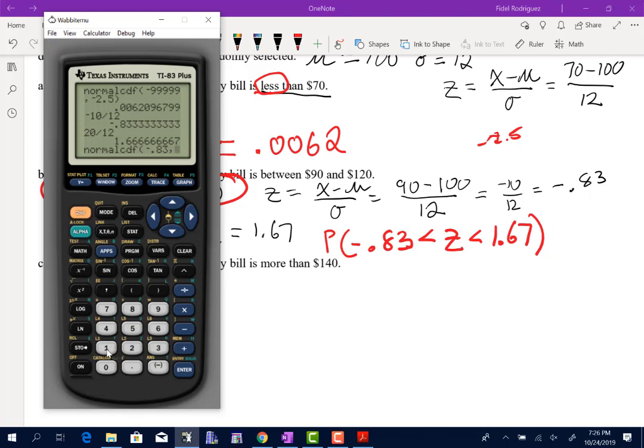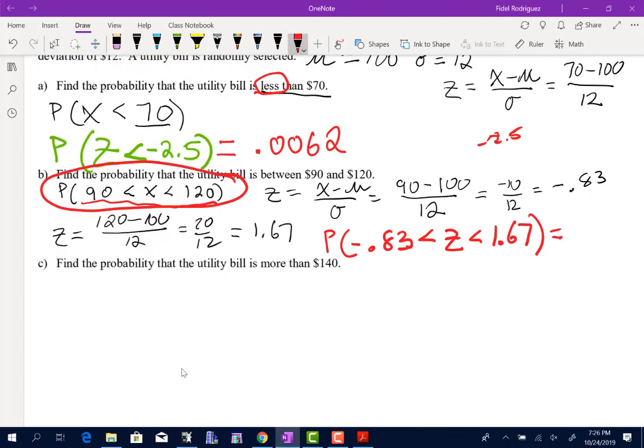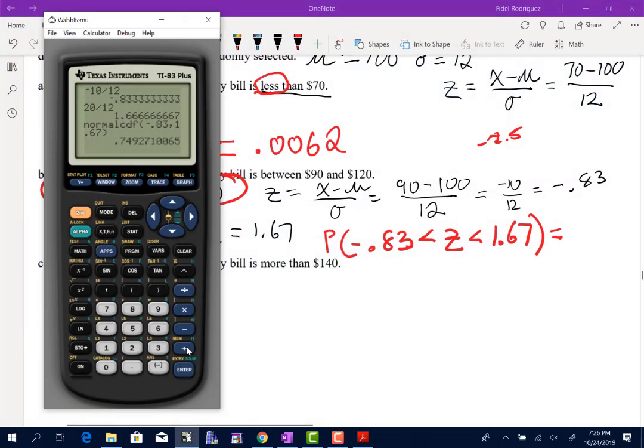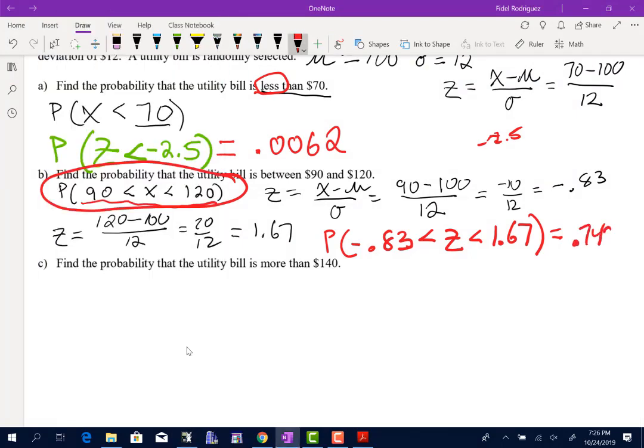What's the bigger number we have? 1.67, right? I'm going to close it off and hit enter. And I'm coming up with, remember, with our answers we are going to go to 4 decimal places, 0.7493.